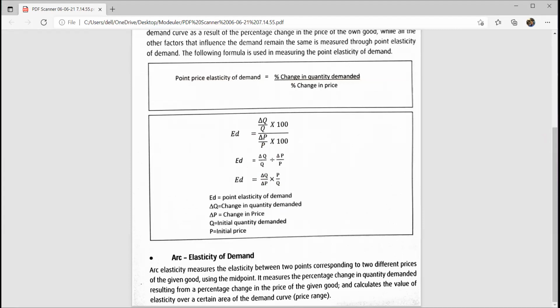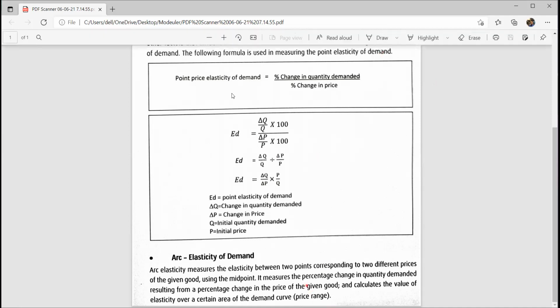It measures the percentage change in quantity demanded resulting from a percentage change in the price of the given good, and calculates the value of elasticity over a certain area of the demand curve or the price range. We look at a range right now to calculate PED.